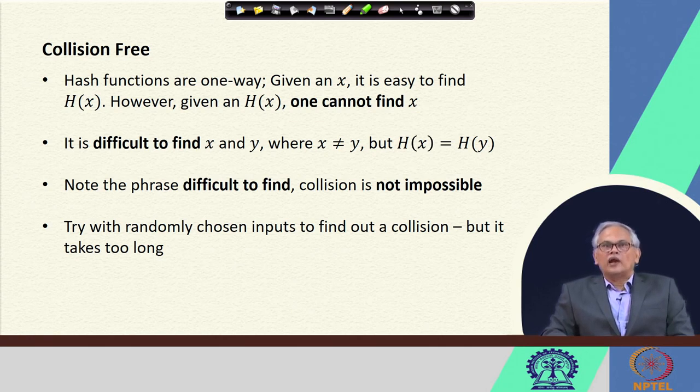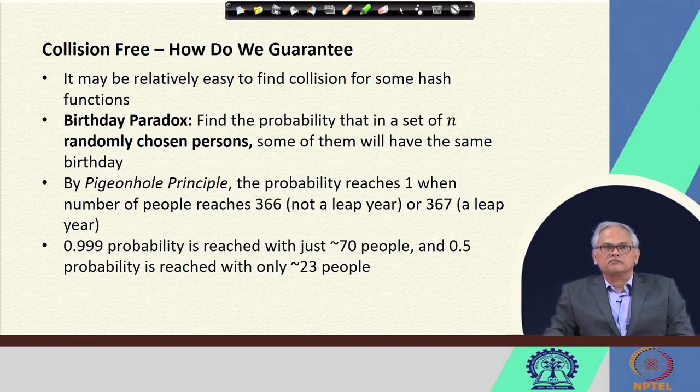If we want to randomly choose inputs to find a collision, we can try that a very large number of times, but it will take too long to actually get back two digests which are the same for two different messages. So, how do we guarantee this property of collision freeness? For some hash functions it might be pretty easy to find collisions.